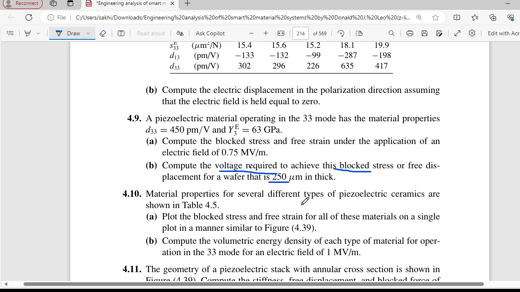We have the electric field E3, which is 0.75 megavolt per meter, and the thickness tp, which is 250 multiplied by 10 to the power minus 6 meter, right?